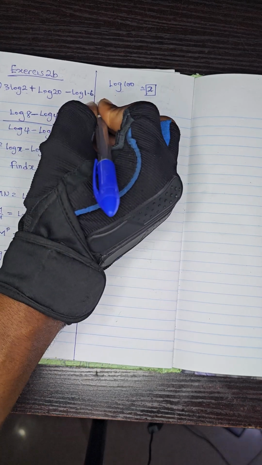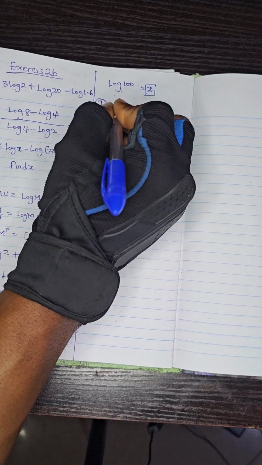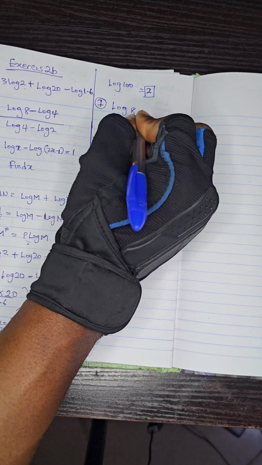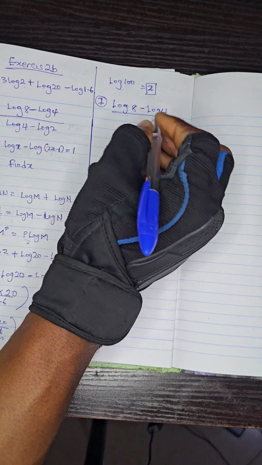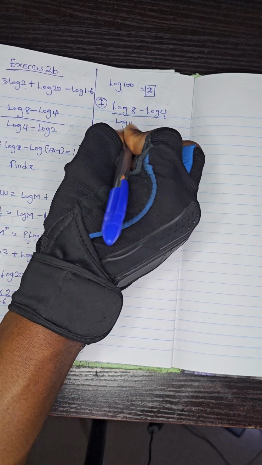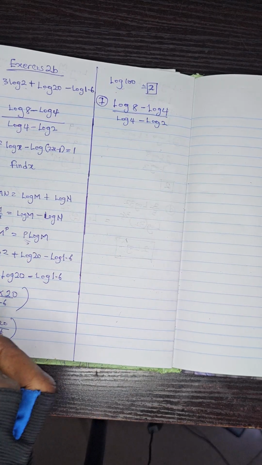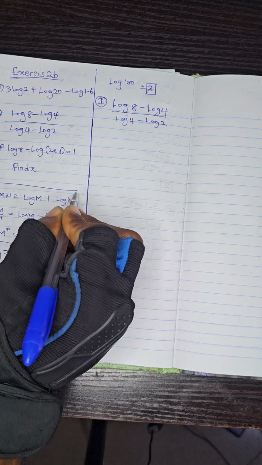Then the second example says, number 7, log 8 minus log 4, all divided by log 4 minus log 2. So this time around, we are applying this rule. Let me outline this rule so it doesn't mix up with my question.